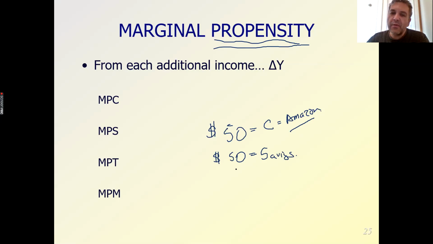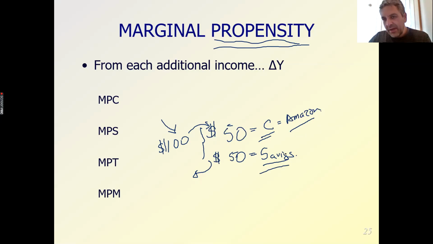You're saying, I'm not going to use the other $50 from this additional 100 that I was receiving. That was the injection. You're saying, I'm going to use 50 for consumption and 50 is going to be leaked out for savings. Even if you don't go to the bank because you are now stranded, you might put it under your pillow. So from the unit that you had, 0.5 goes for consumption and 0.5 goes for savings.